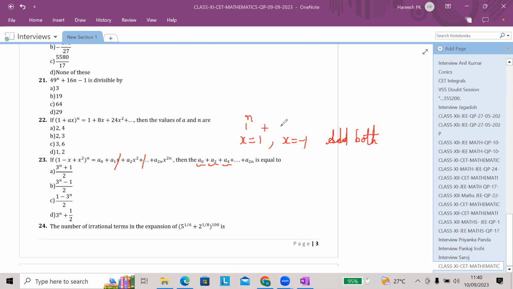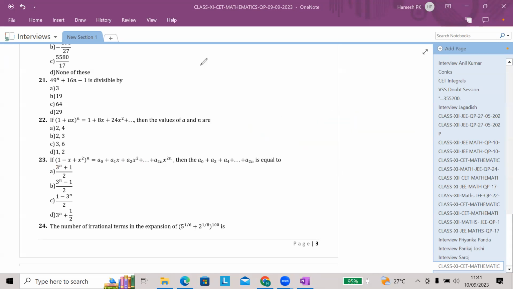When you put x equal to -1, you'll get 3 power n. So 1^n plus 3^n will be 2 times (a0 plus a2 plus a4 and so on). So a0 plus a2 plus a4 etc. will be (1^n plus 3^n) divided by 2. It is option A.